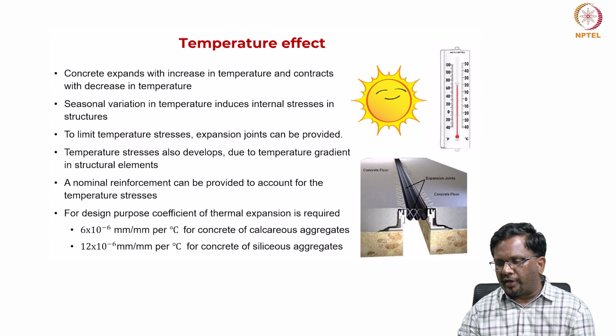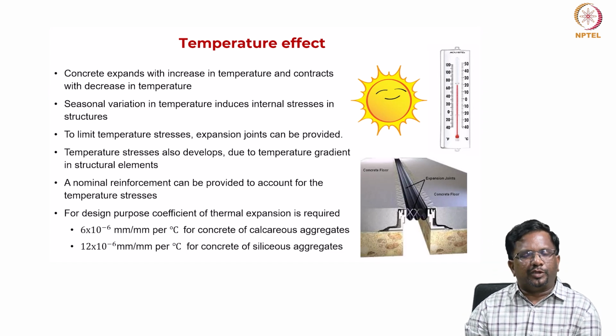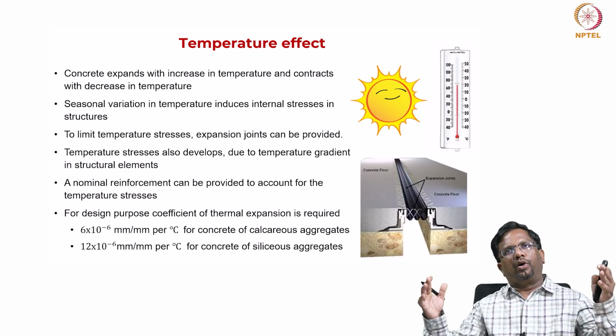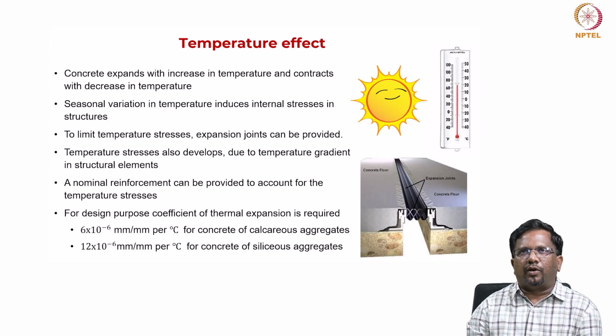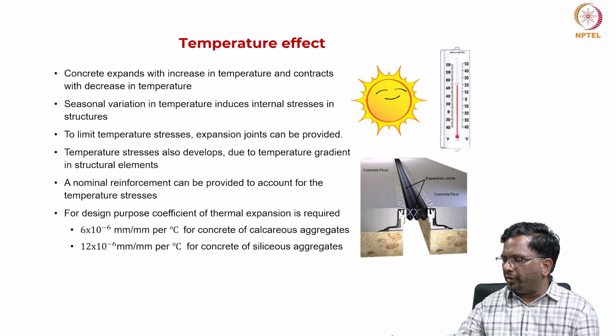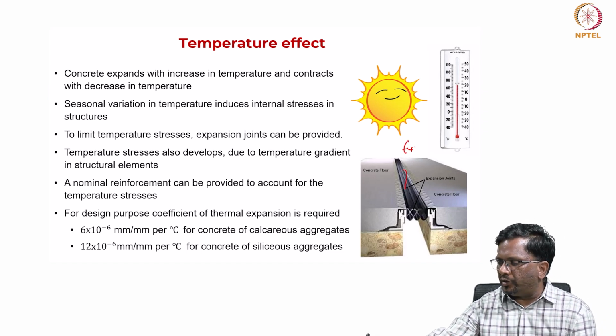Right. Temperature effect, again we have to be very careful, especially in pre-stress systems when you go for long span elements. If you are not careful, concrete can expand with increase in temperature and can contract due to the decrease in temperature. To accommodate that, typically we use this kind of an expansion joint, right, especially in bridges.